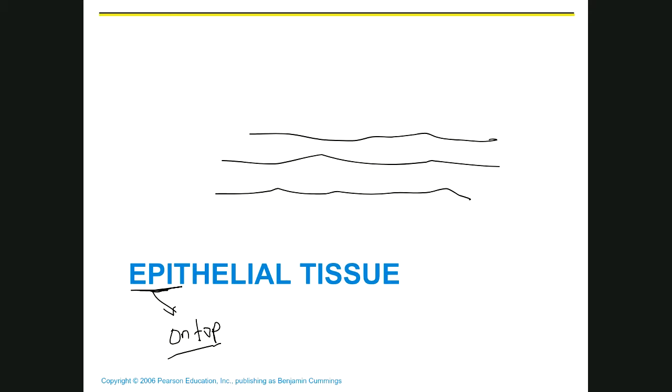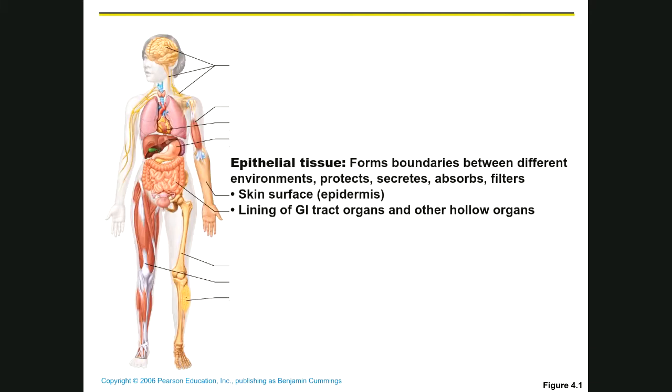It's a surface tissue. It's never deep. It's a surface tissue, and when we look at it, we're going to find it all over the whole body, but it's going to be the boundary. It's the boundary between different environments. So here's the outside and here's the inside. It's going to be right there.